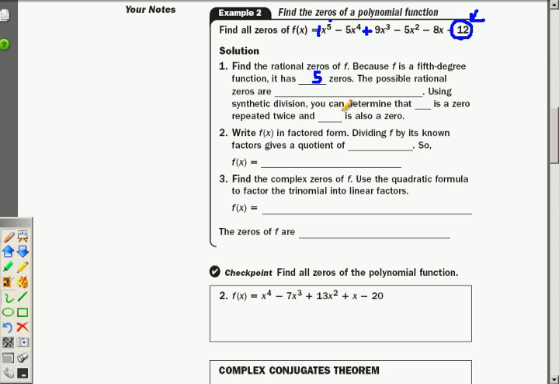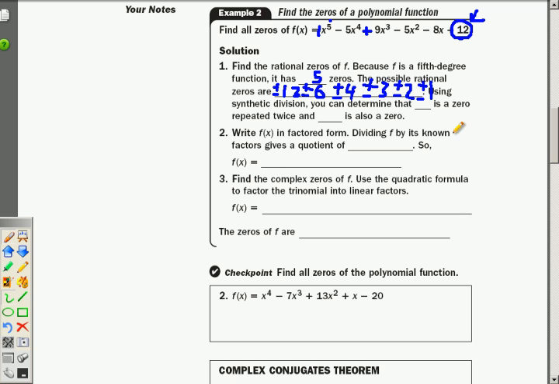Well, 1 only has 1 factor, so that makes it easy. You have positive negative 12, 6, 4, 3, 2, 1. These are all my possible solutions, so there are 12 different things that could be a solution.